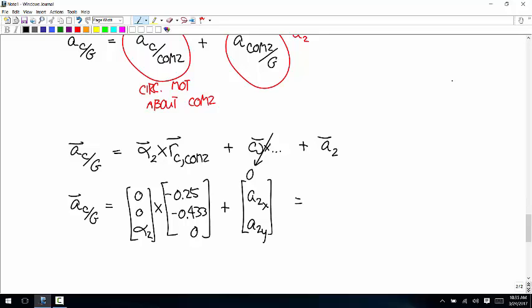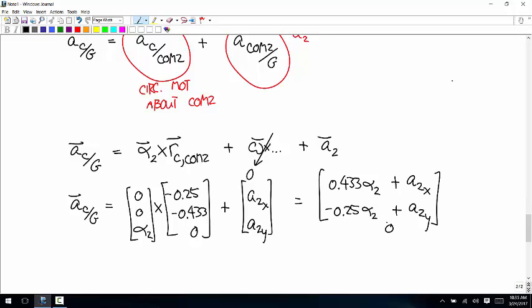And that's equal to positive 0.433 alpha 2 plus a2x, and then negative 0.25 alpha 2 plus a2y, 0, I guess.